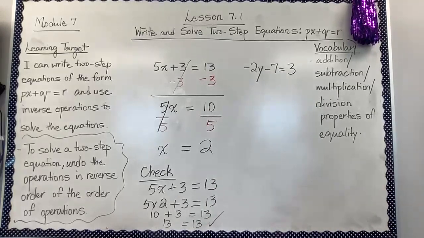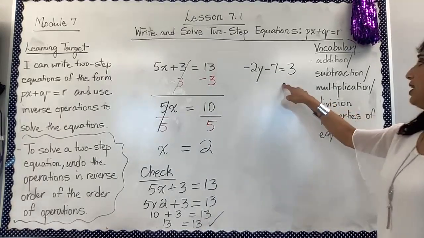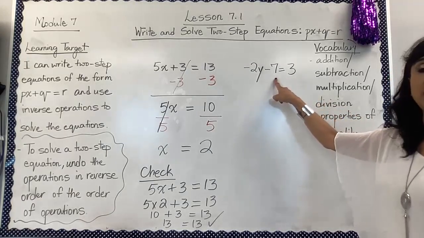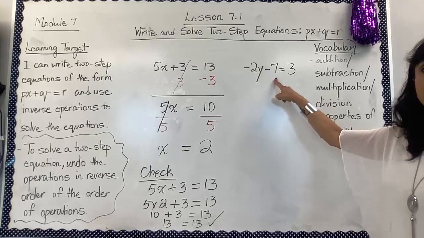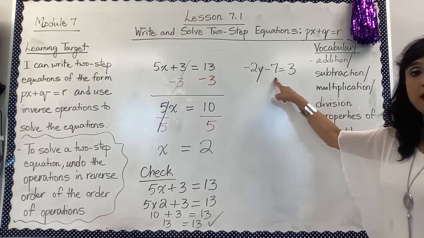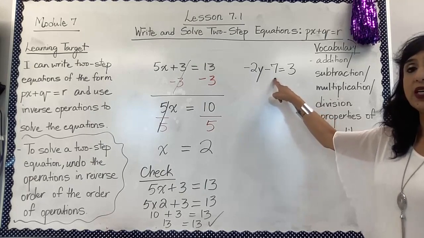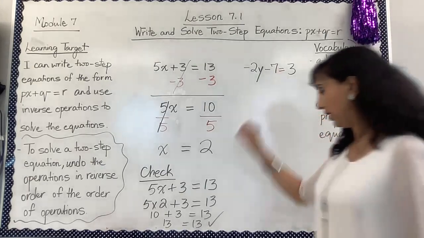Okay? So let's start with the example of negative 2y minus 7 is equal to 3. So if I look, we will have to do the inverse operation of negative 7 first. Remember, we are going in reverse order of the order of operations. So here, subtraction comes before your multiplication.